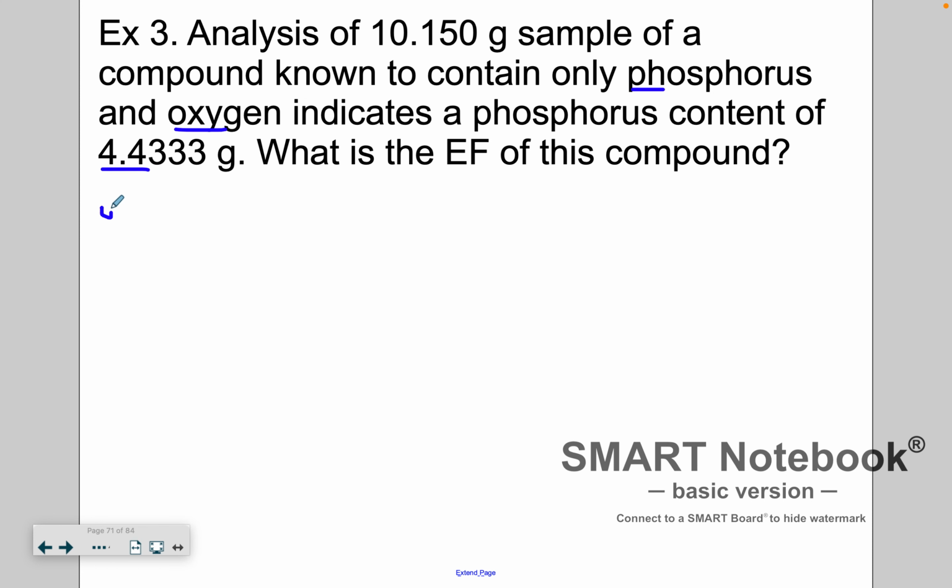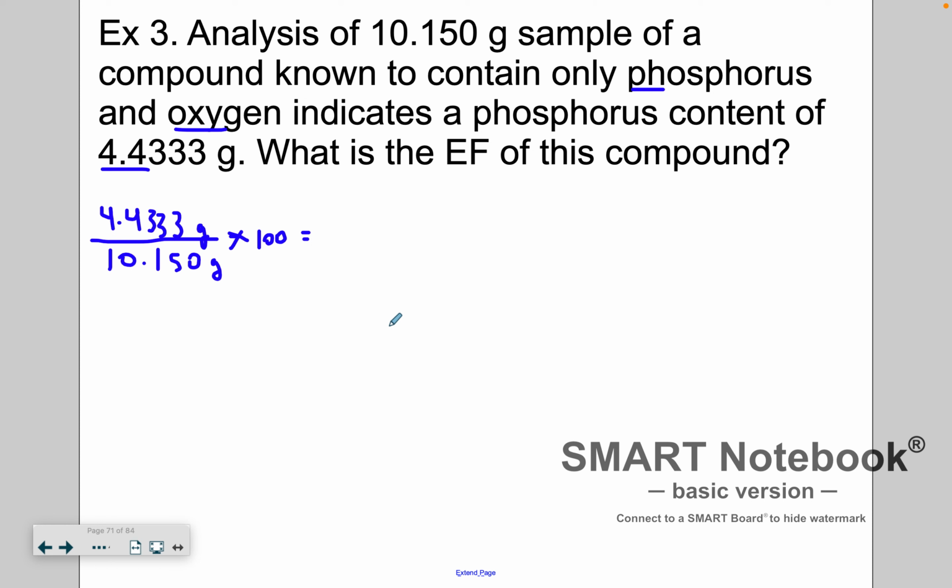If I start off with the 4.4333 grams, right, and I divide it by the total amount, which is 10.150, and then I multiply that by 100 to get a percentage, right?